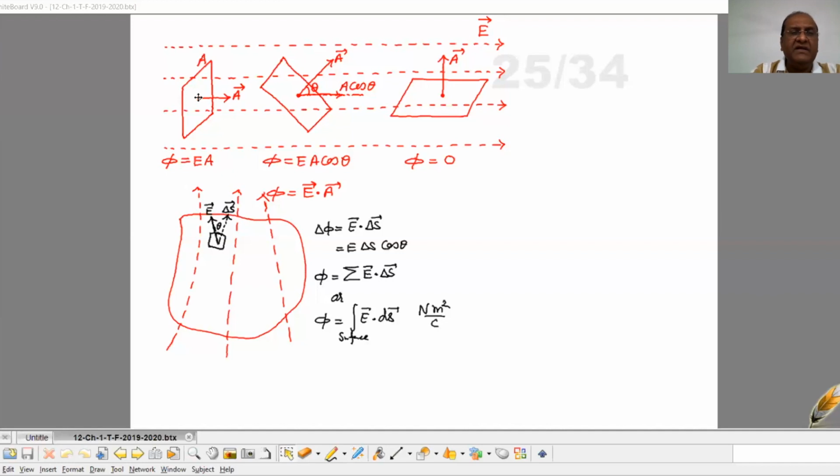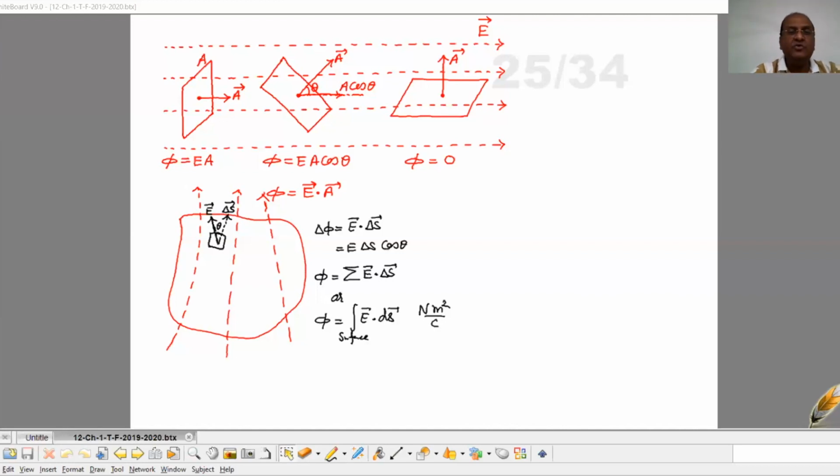Suppose at this particular point the electric field intensity is E. It implies that the number of field lines passing through unit area at that point normal to that area is E. So if the number of field lines passing through unit area is E, then the number of field lines passing through total area A is how much?